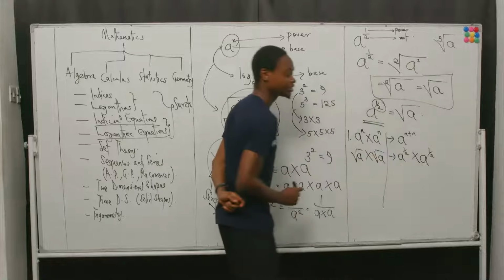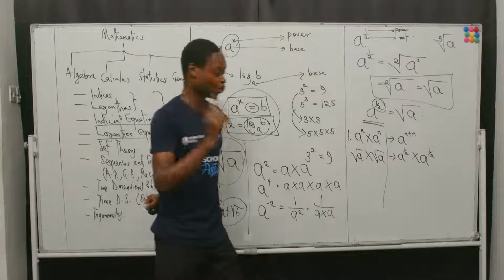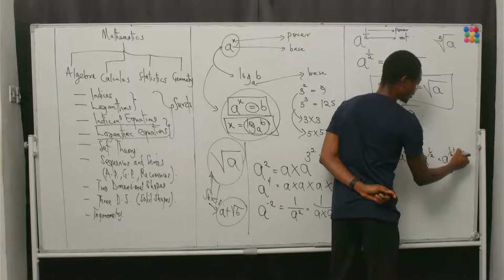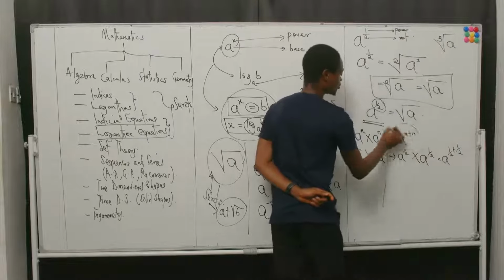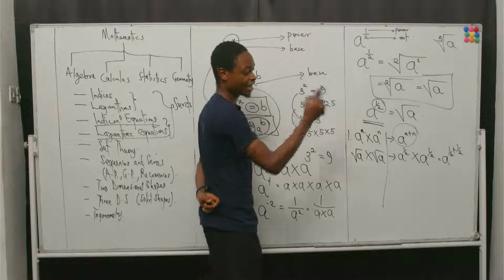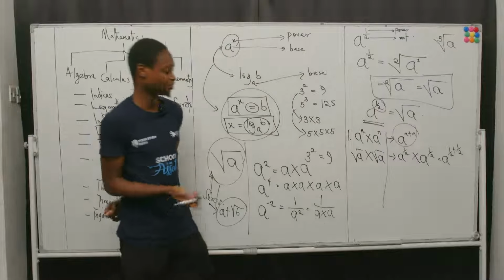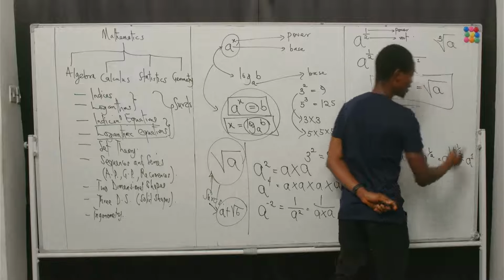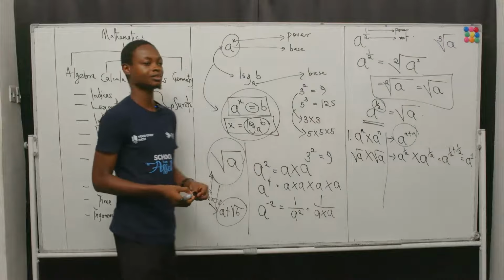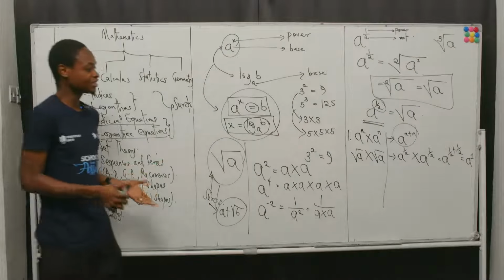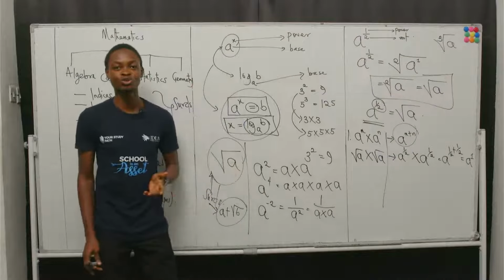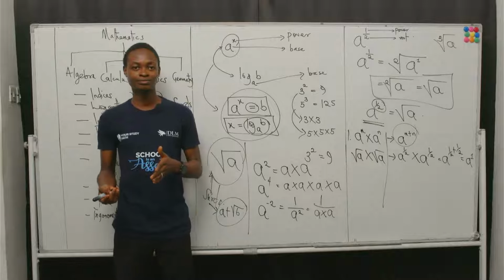The base is the same, which means that I can add the power because of the law of indices. And if I add 1 over 2 to 1 over 2, that gives me 1. That is A raised to power 1, and A raised to power 1 is A. So you see that multiplication of surds still follows the same multiplication rule in indices.